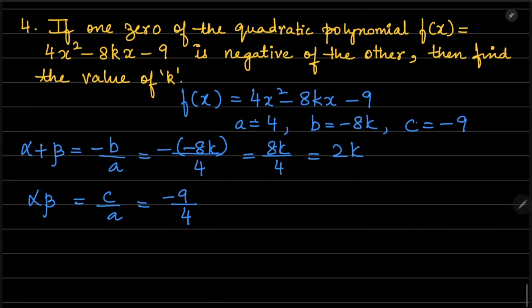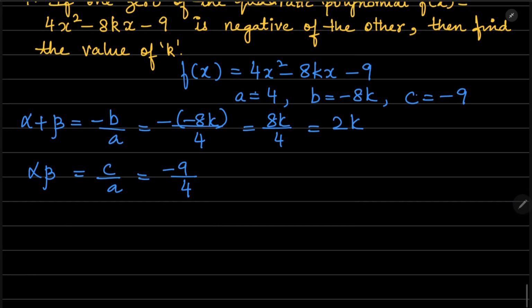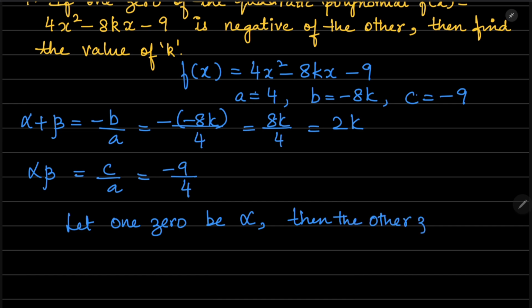You are given that one zero is negative of the other. That means let one zero be alpha. Then the other zero will be minus alpha. Negative, right? Minus alpha.